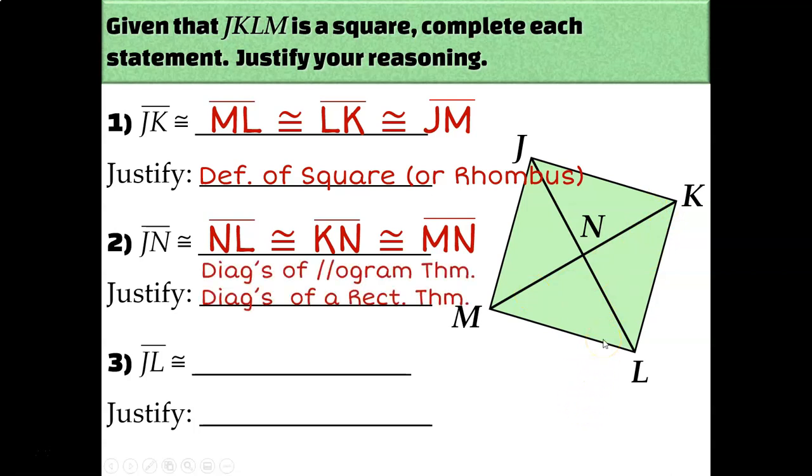Since this is a parallelogram, squares are always parallelograms, the diagonals cut each other in half. But since it's a rectangle, we would also know that the diagonals themselves are congruent. So if you cut two things that are congruent in half, then each of the halves would be the same. So actually all four of these diagonal segments would have to be congruent to each other. And that kind of leads us to JL being congruent to MK because of the diagonals of a rectangle theorem.